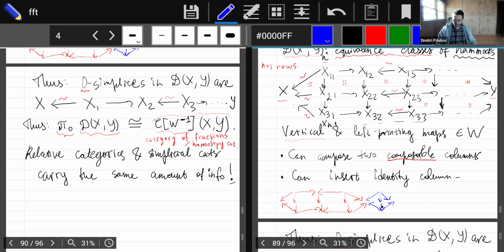And two such pictures can be composed in a very obvious way. You simply imagine joining two pictures together, and this vertex, you would sort of stretch it out and insert identity maps as vertical maps here. I'm not even sure if I should draw it, but let me just very quickly draw a picture.